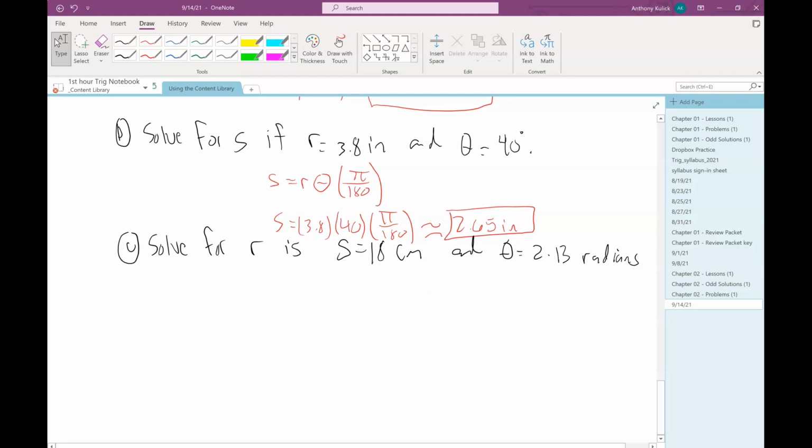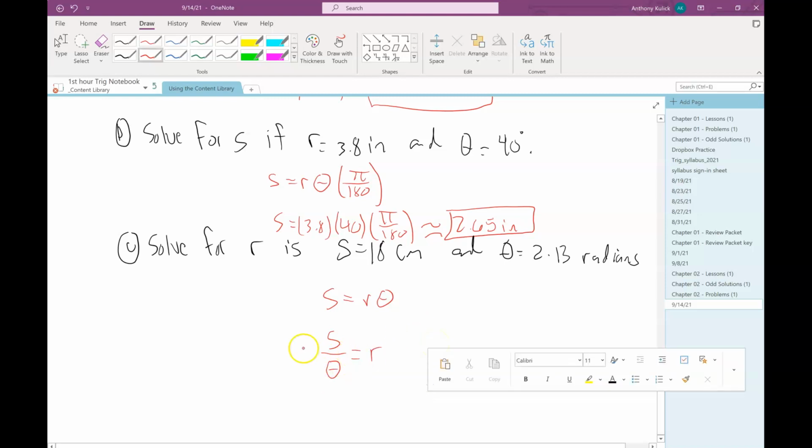And then example C says solve for r if s is 18 centimeters and theta is 2.13 radians. Since the angle measure is given in radians, I know I'm going to use the formula s equals r theta. I'm going to just start by dividing both sides by theta to get the r by itself.